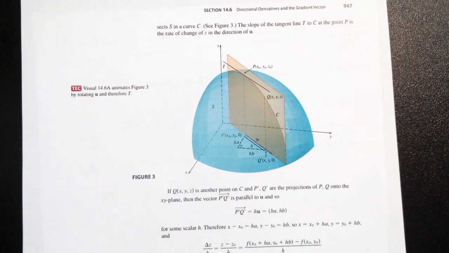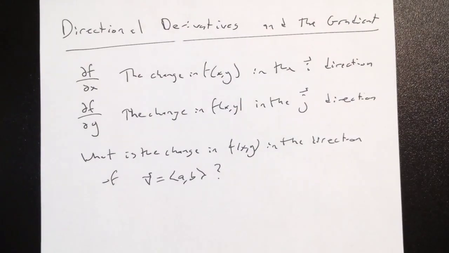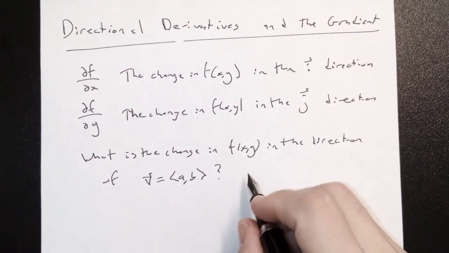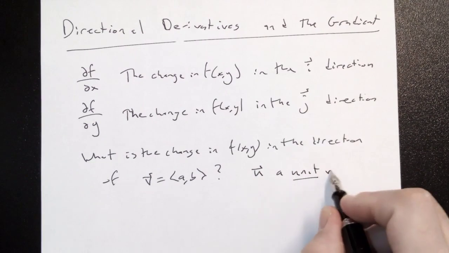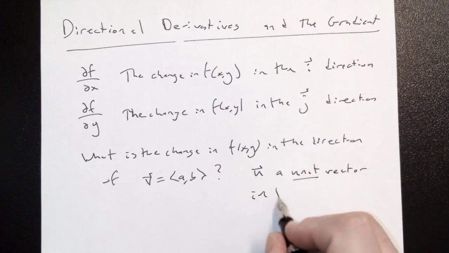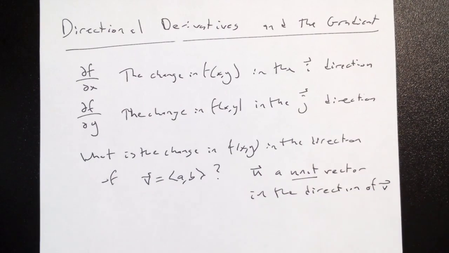This really only works best if I turn this vector into a unit vector. So instead of using an arbitrary vector, I'm going to use a unit vector. That takes the length of v out of the game. I don't care how far we're going, I just care what direction we're going.